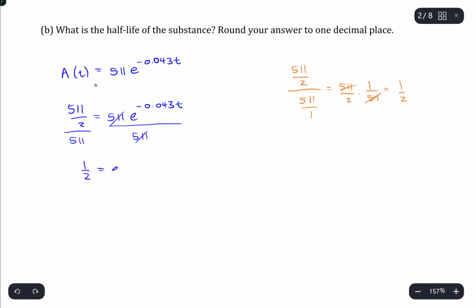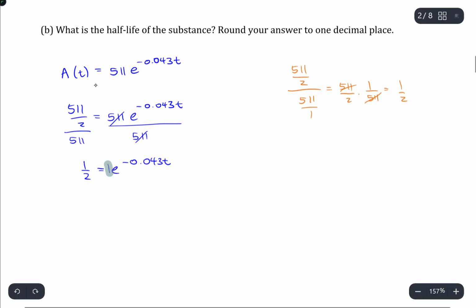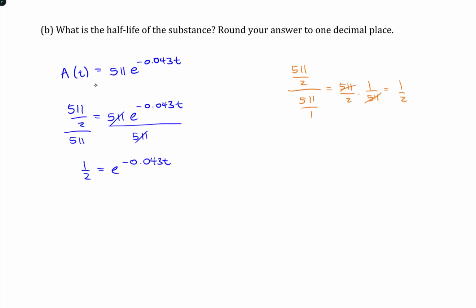So 1/2 equals e to the negative 0.043t. What it's saying is basically, if you start with 1 gram of the substance, it's going to take the same amount of time for it to decay to 1/2 of a gram as 511 grams to reduce to whatever half of that amount is. So it's always the same amount of time to reduce the radioactive material by 1/2.